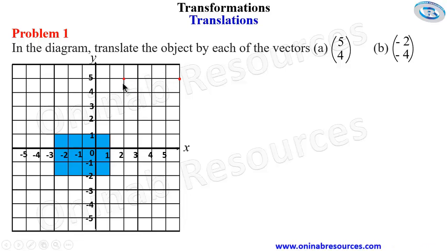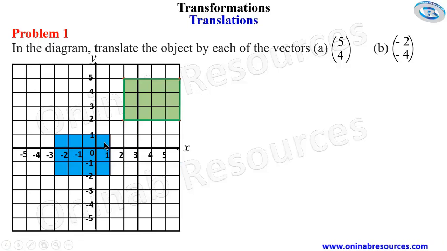We can use these 2 points now to get our image, since this is 1, 2, 3. So we come here, 1, 2, 3. So the next vertex will be here, and 1, 2, 3, 4. So we now join the 4 points to get our image. So we join here and there. So that is our image.